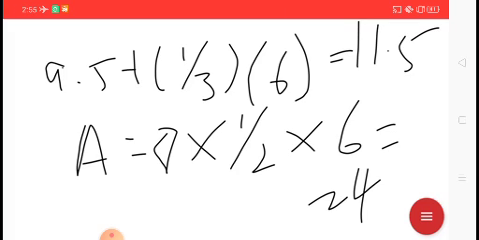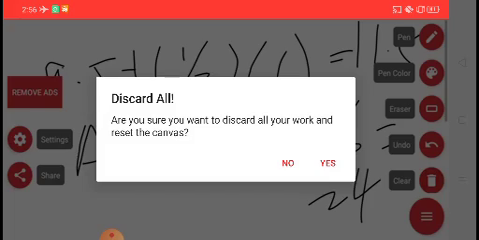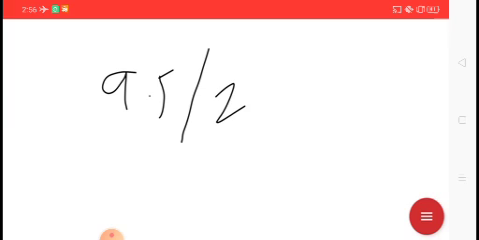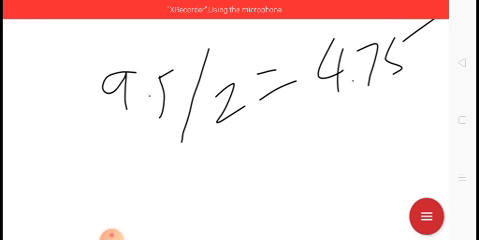Okay, rectangular portion means except the triangle. So as simple like that, it will be equal to 9.5 divided by 2. Okay, 9.5 divided by 2 equal to 4.75.